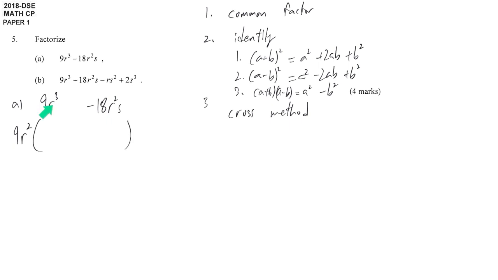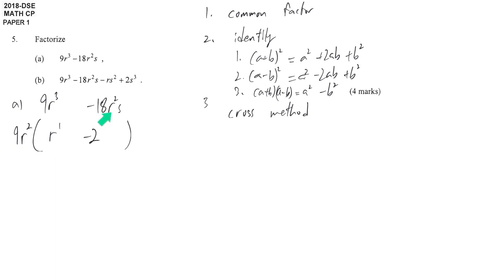And what is left, you should write vertically downward inside the bracket. 9 divided by 9 give you 1. R power of 3 divided by R power of 2, so R power of 1 is left. The next term, negative 18 divided by 9 will give you negative 2.